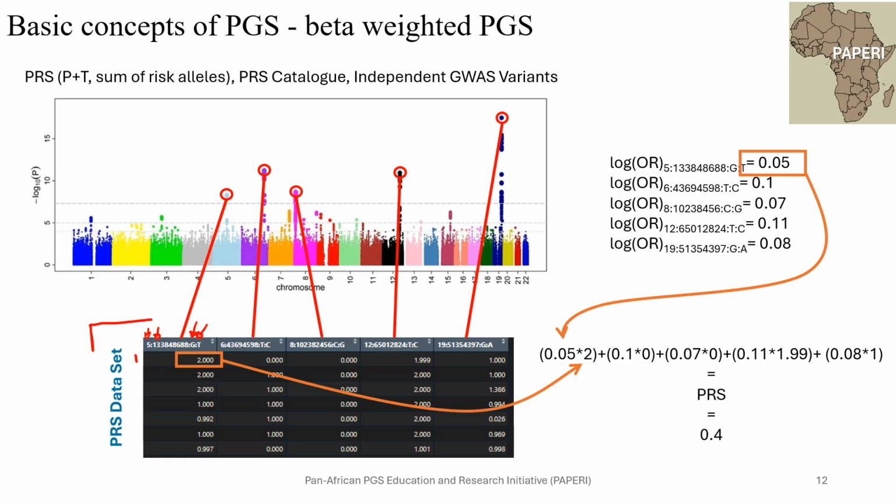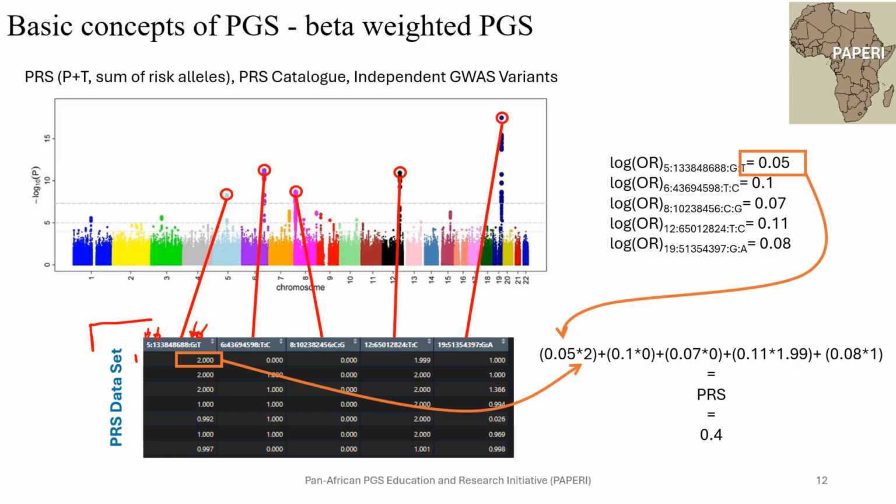And if we were to calculate a weighted polygenic risk score, we're just getting the number of risk alleles they have for that genome-wide significant loci, that location, and we're multiplying that by the effect size, the beta from the GWAS study, and that will give us a kind of weighted risk for that allele.